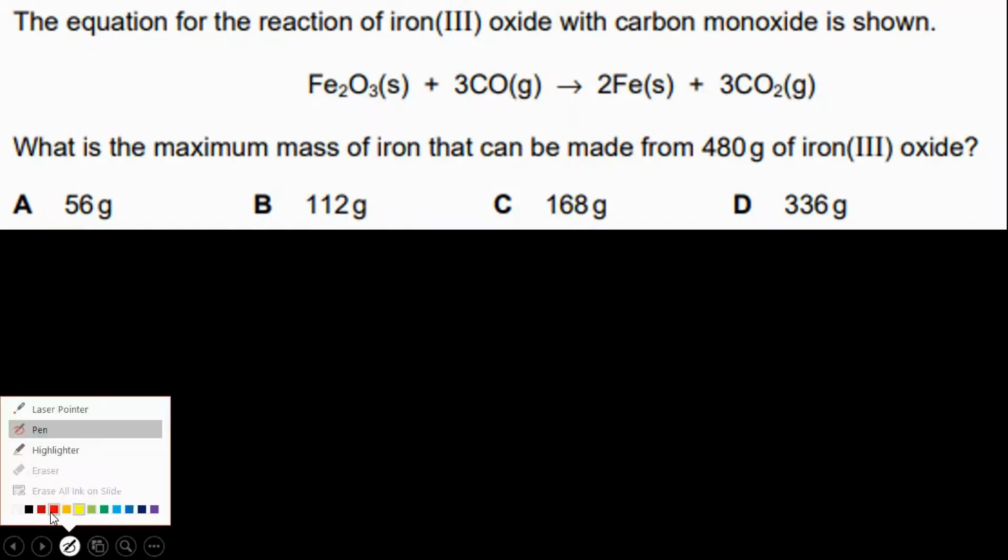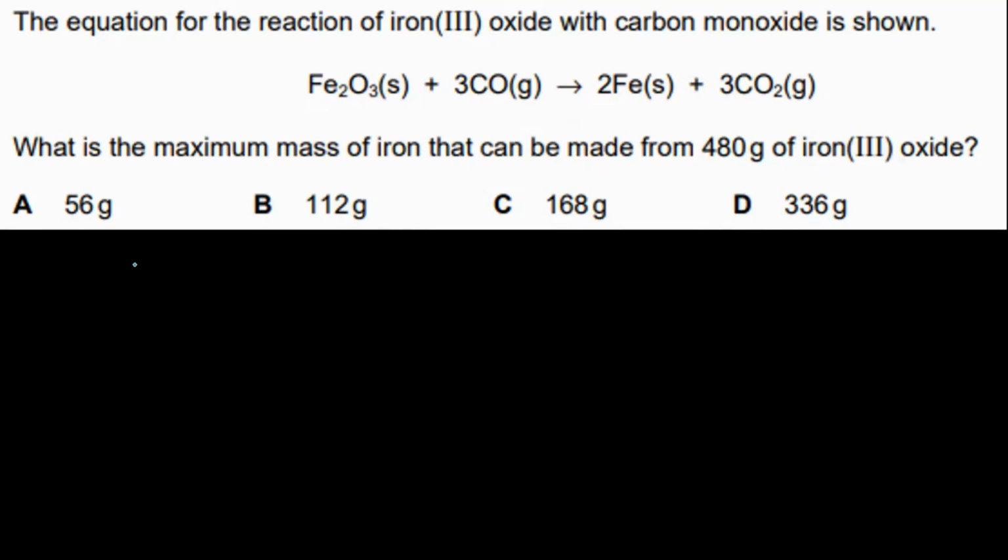Let's solve this question, which was there in an IGCSE exam. The question says that the reaction of iron 3 oxide with carbon monoxide is shown. You have to find the maximum mass of iron that can be made from 480 grams of iron 3 oxide. Now, in this question, the carbon monoxide mass is not given. That means you have to solve it using carbon monoxide as excess.